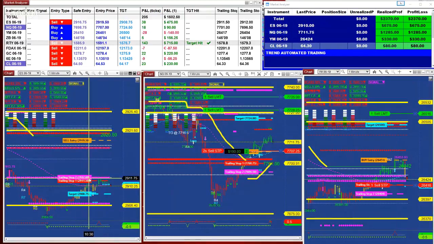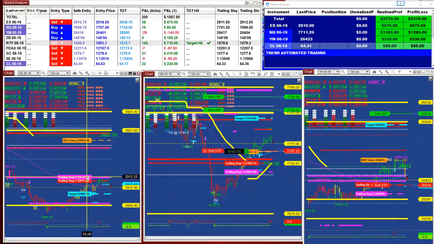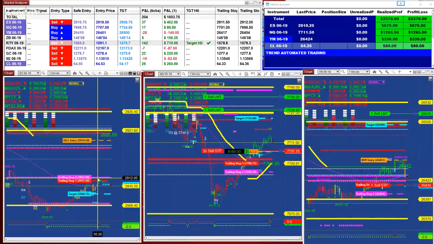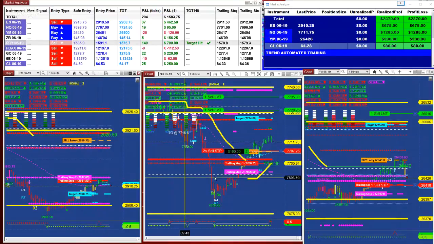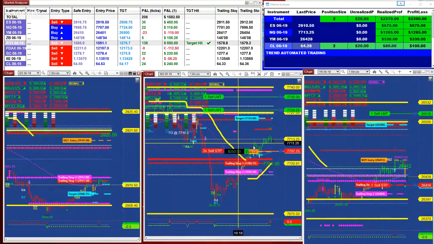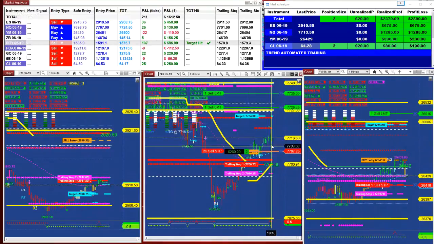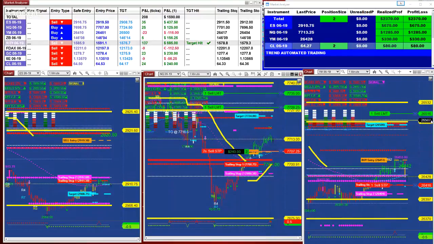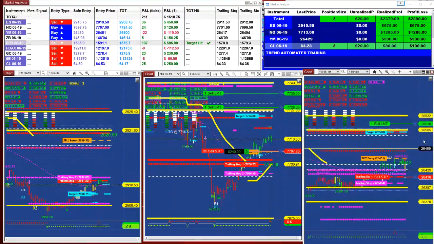If the market had closed above the 12, we would have had a very good direction on all three instruments here. Because this ES fell on the 2912, now we are experiencing some pullback, and the Nasdaq is a bit strong, but the YM immediately dropped.